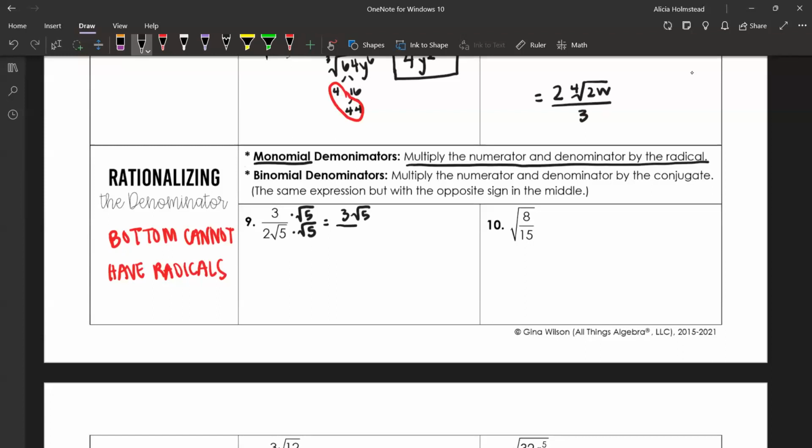So that'll just be 3 square root of 5. On the bottom, we'll get 2, and then those insides together is 25. But the square root of 25 is 5, so this will become 3 square root 5 over 2 times 5, which is 10. So that number rationalized would be 3 square root 5 over 10.